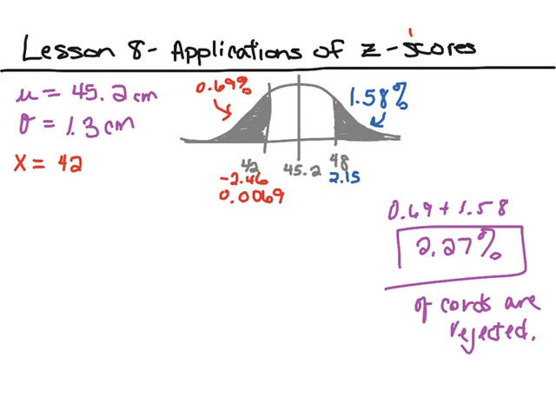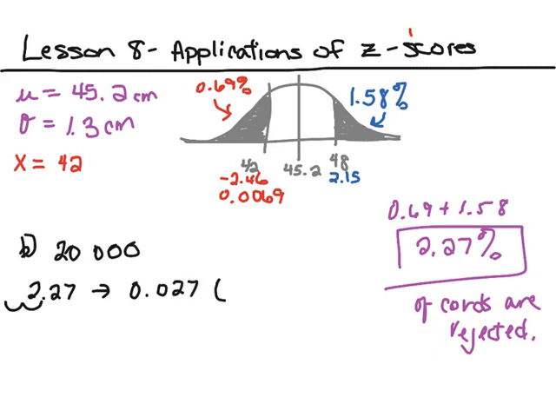Part B says that if you have 20,000 cords, how many cords are rejected? So we're going to take 2.27 and we're going to change it to a decimal. So move the decimal 2 to the left, so 0.0227, and you're going to multiply that by the total number of cords. And your answer should be 454.